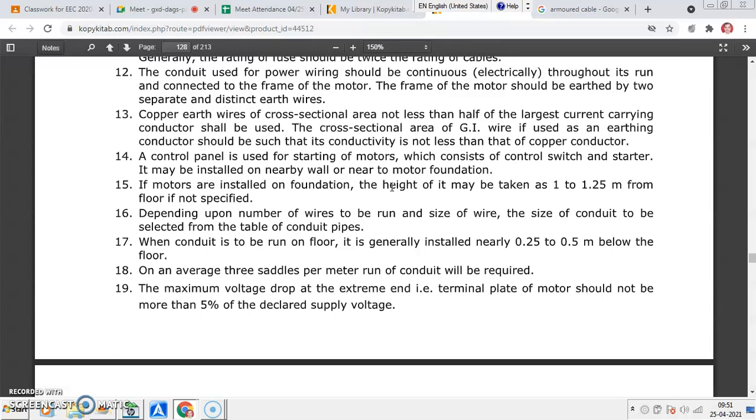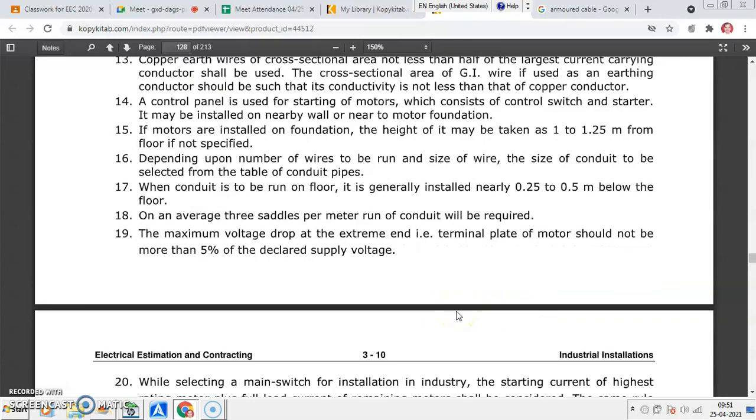So below floor level you can install this wiring or conduit 0.25 to 0.5 meter down, with a covering over that. You may have an average of 3 shadows per meter run of conduit required.